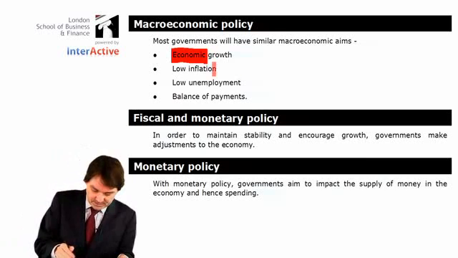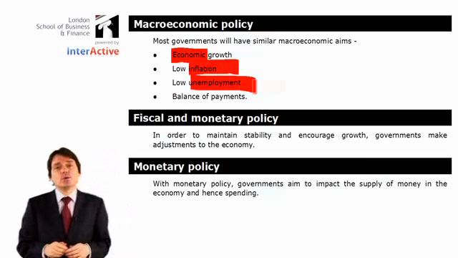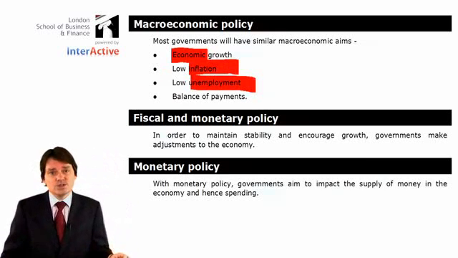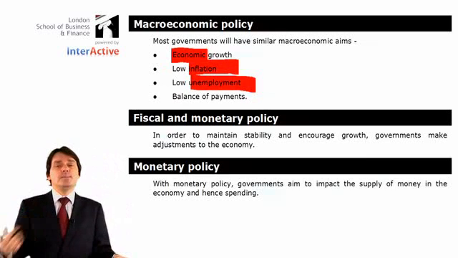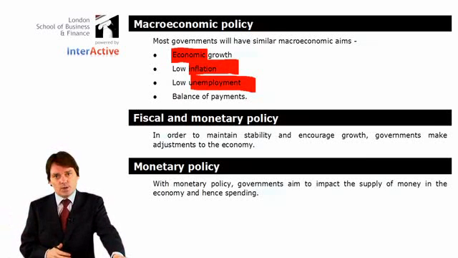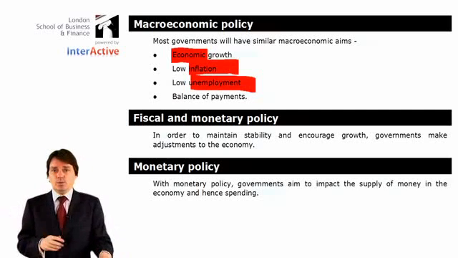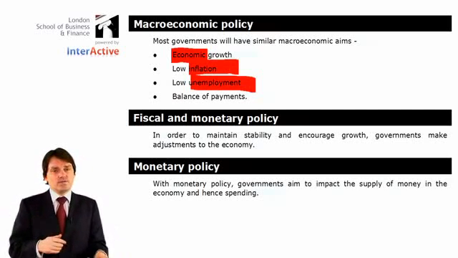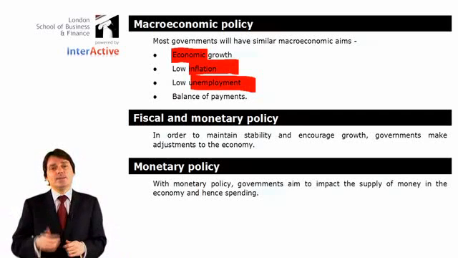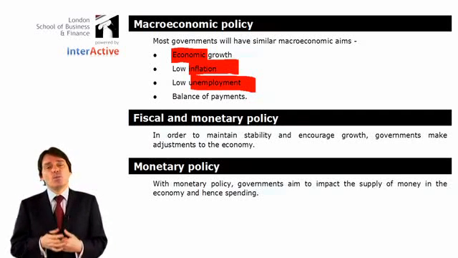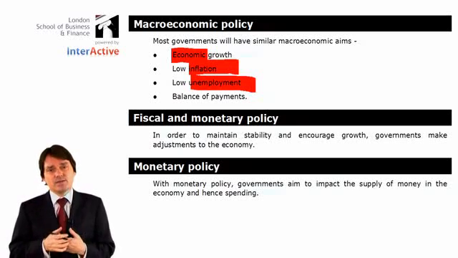Low inflation and low unemployment. So an ideal situation will be people are working and inflation's not going up. Those two may be incompatible. The trouble with those two is, as more people have jobs, they want to buy more things with the money they earn.